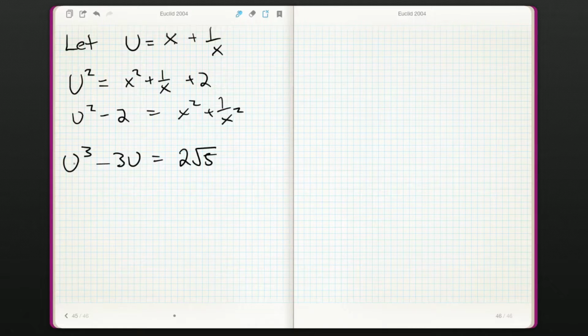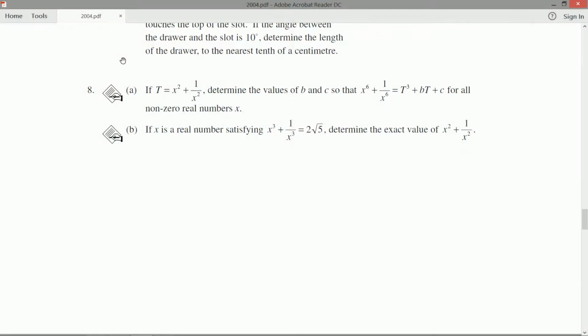Had I just put a t in there, this might have been a little easier. In fact, let's put a t here anyway. No, not a t. No, I think I still want a u. Okay, I had this a second ago. What is this? So if t is something squared.